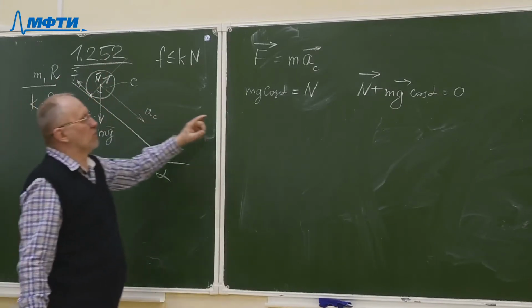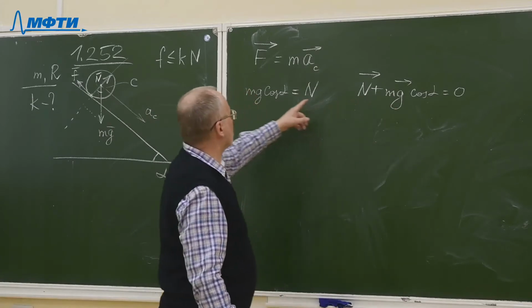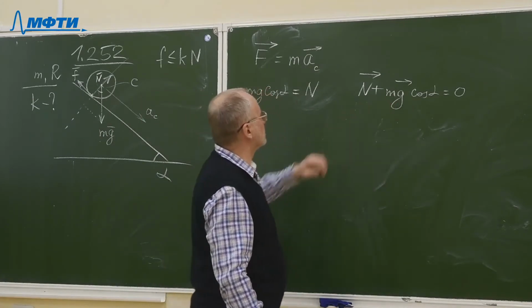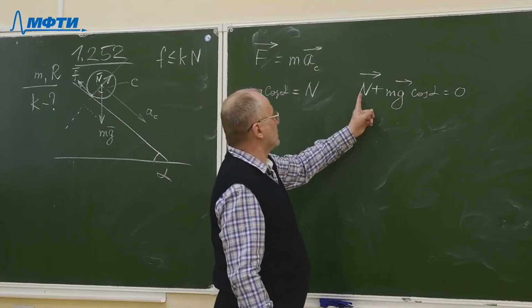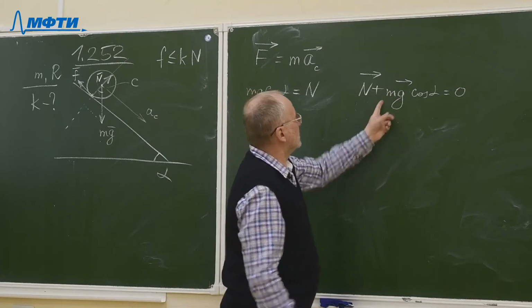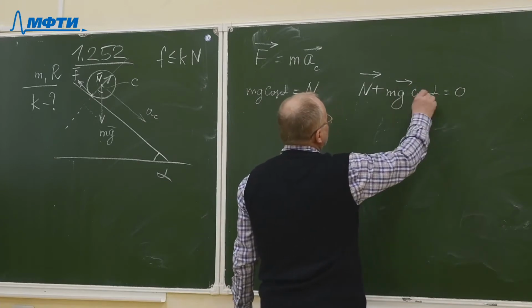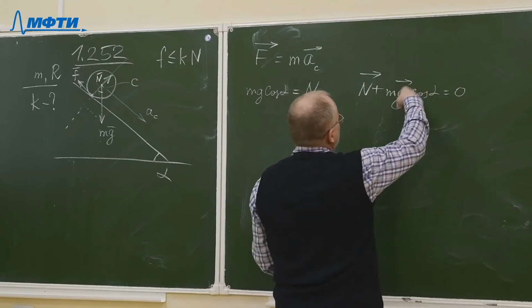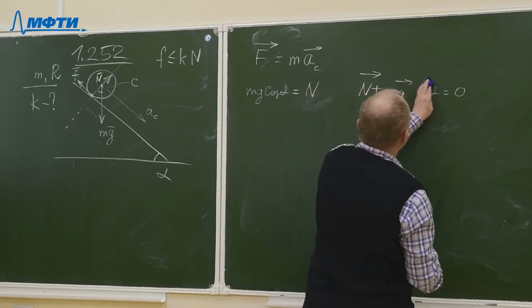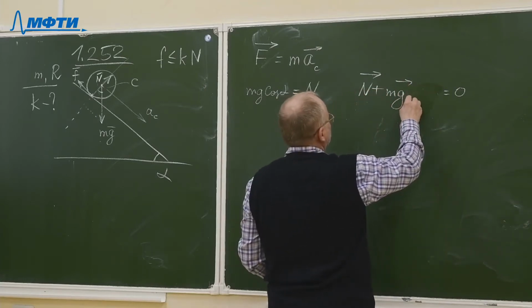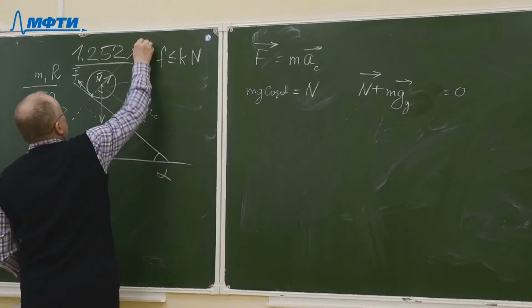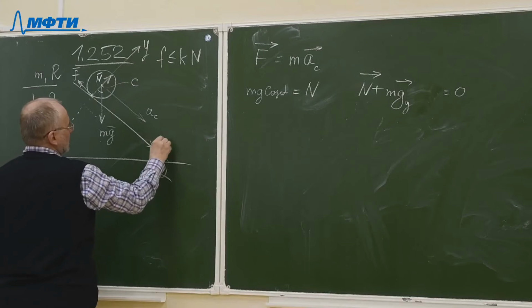But when I go from vector notation to scalar notation, to the magnitudes of these vectors, this is incorrect. This is not the vector directed downwards. This is the component of the vector along this axis, along the y-axis, and this is x.